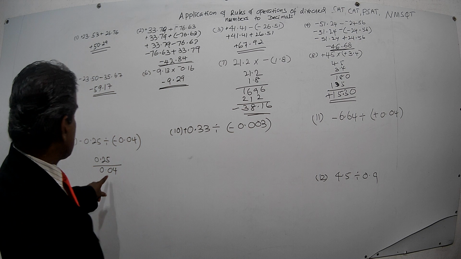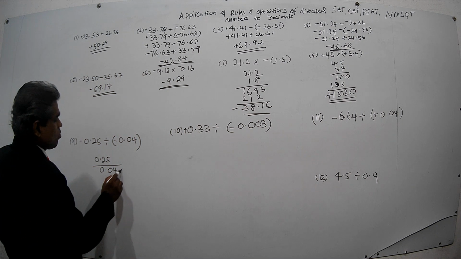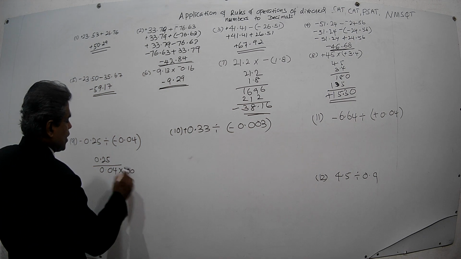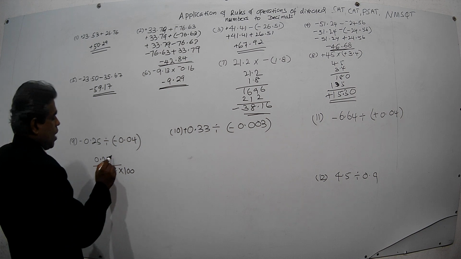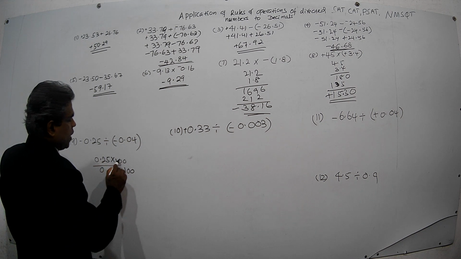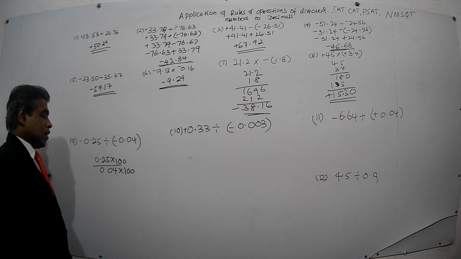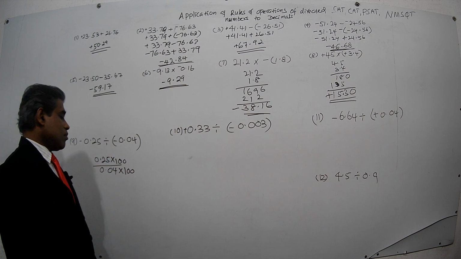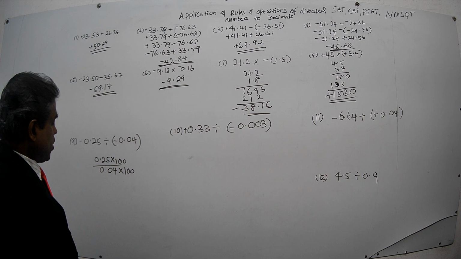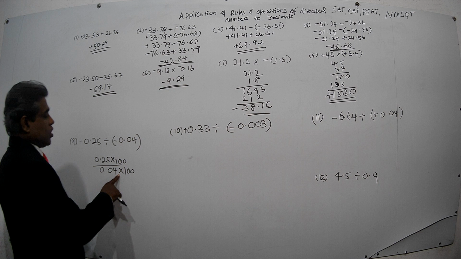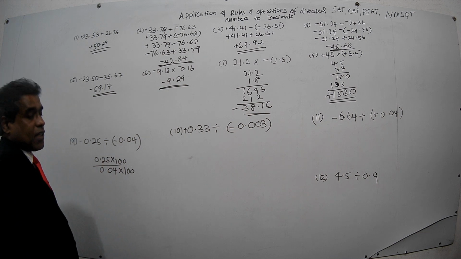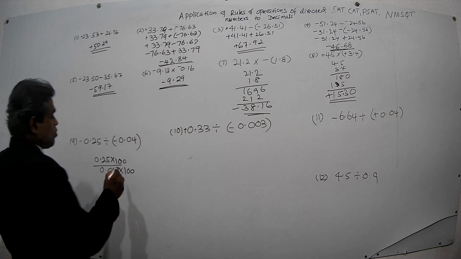Here there are two decimal places. To remove these two decimal places, we multiply by 100, and the upper number also is multiplied by 100. If this one is multiplied by 1000, the upper value also should be multiplied by 1000. That's the rule, right?